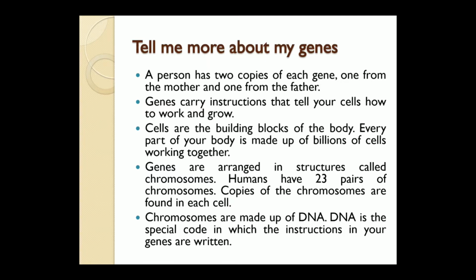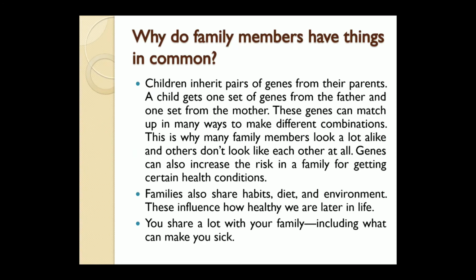Fine. So those 23 pairs of chromosomes are present in each and every cell of our body. That is why, since the chromosomes and DNA come from my father and my mother, I might have some similarity with them. That similarity may be a combination, or it may be a little bit dominant towards one parent. That is a different question.